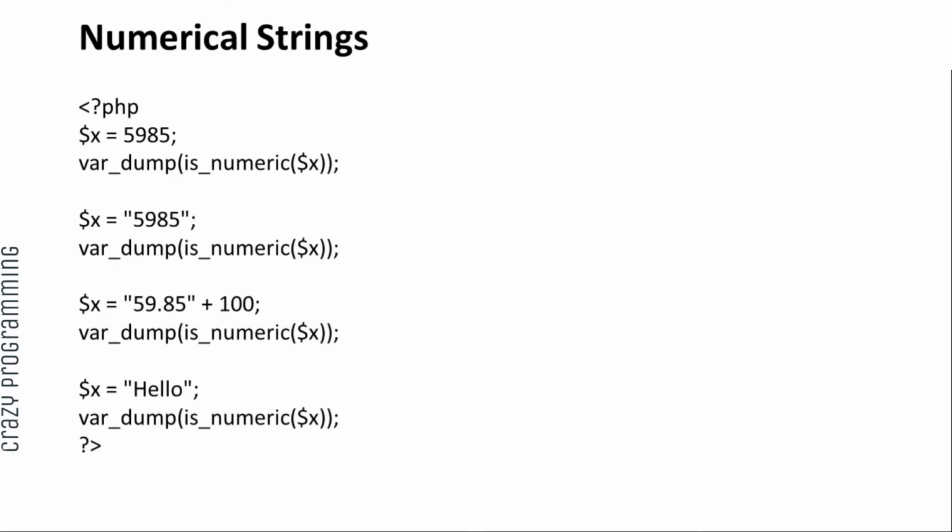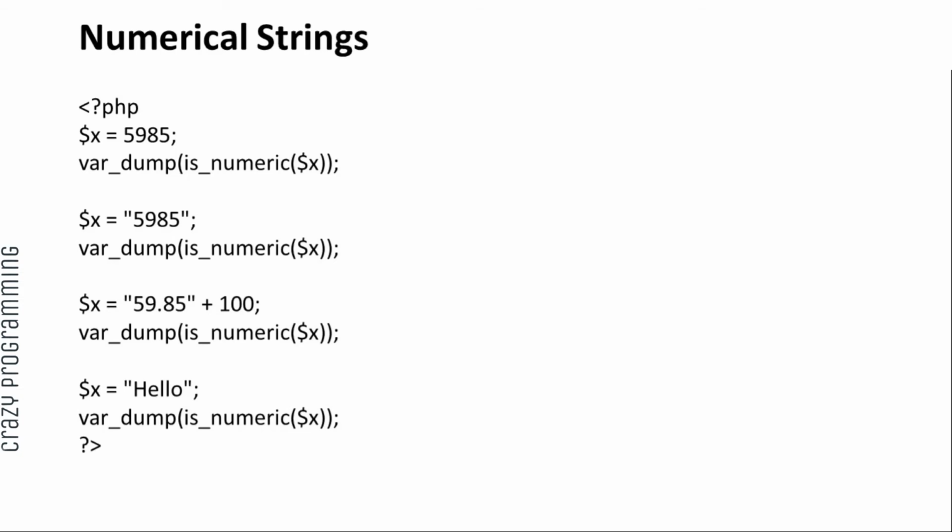So here are basically four examples. In the first example, I defined x as 5985, and to see whether it is a numeric string or not, I am using var_dump. Inside var_dump I am using is_numeric and the variable name.